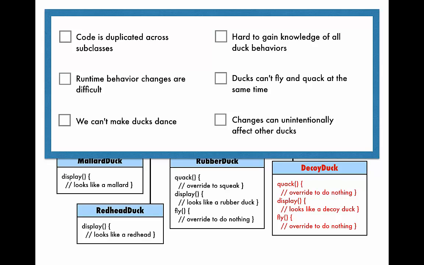The fifth assertion is asking if we can easily implement a behavior that would effectively combine two existing behaviors. And the final assertion is asking whether changes to some part of this code might unintentionally affect other duck objects.